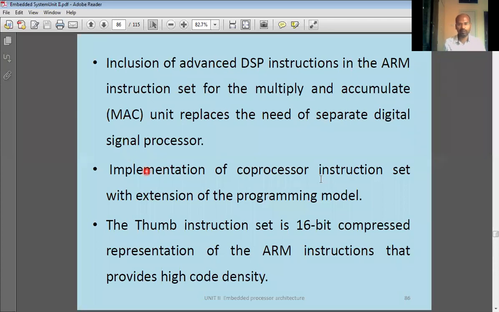Implementation of co-processor instruction set with extension of the programming model. If you want, you can extend the instruction set with the co-processor. The Thumb instruction set is a 16-bit compressed representation of the ARM instruction set that provides high code density. These 16-bit Thumb instructions are the widely used instructions. We put them in 16-bit, and rarely used instructions are 32-bit instructions.